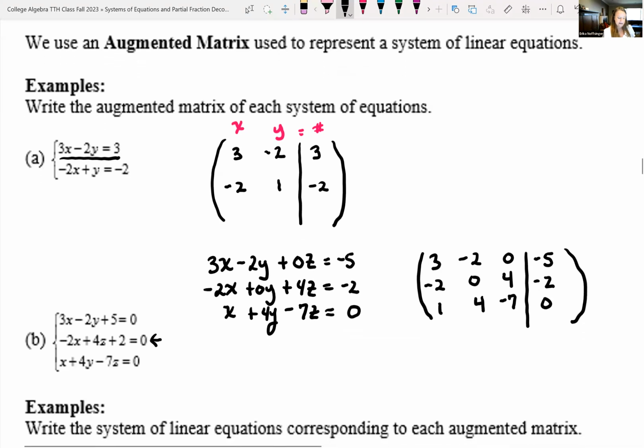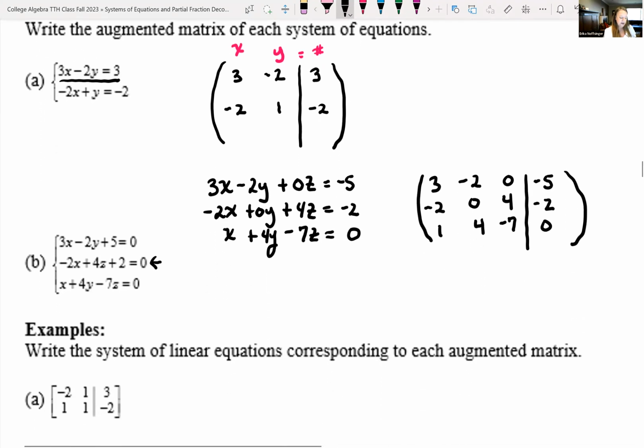So for instance, if we were given the matrix here, first row is negative 2, then 1, and then the vertical line 3, and the second row is 1, 1, and then on the other side of the vertical line, negative 2. So notice in this example, this has brackets instead of parentheses. You can do whichever one you prefer.